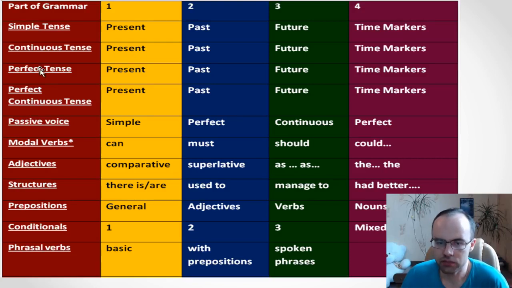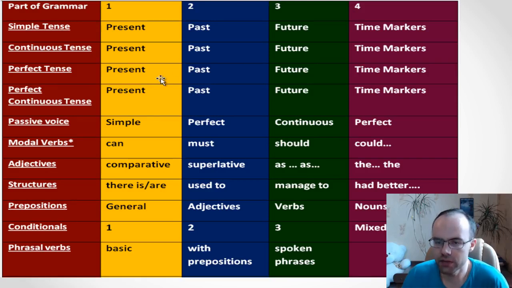Right. Next you need to have a look at one more group of tenses, perfect tenses. It's more complicated. Anyway, you also need to know that we have present perfect, past perfect and future perfect.